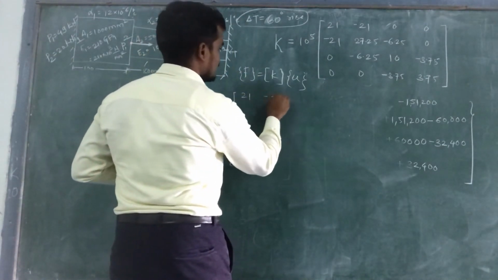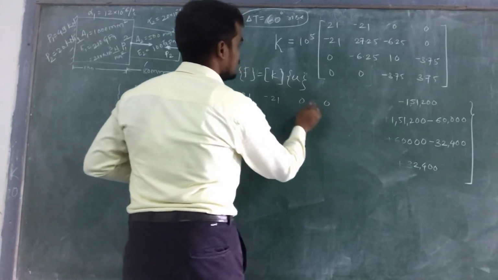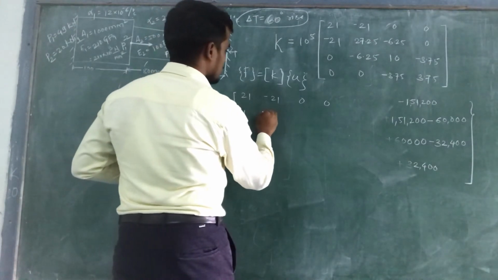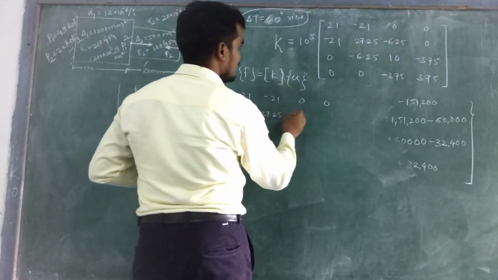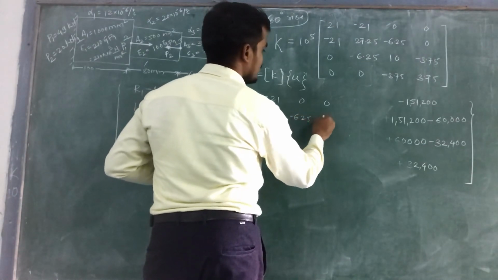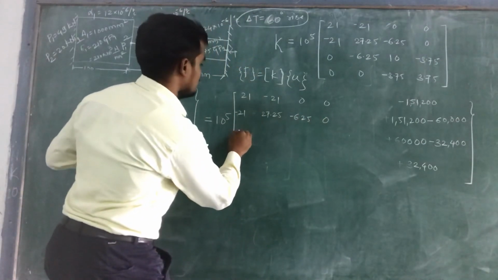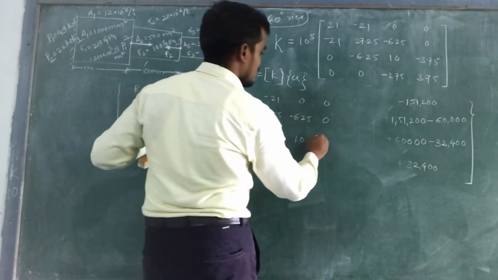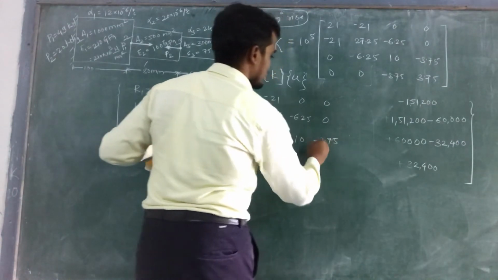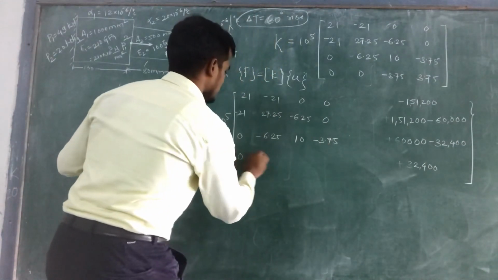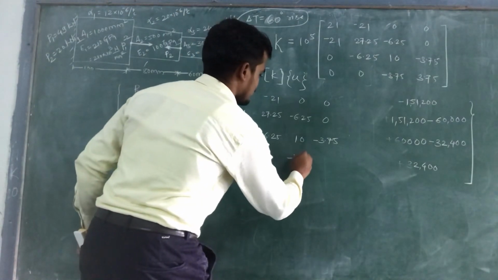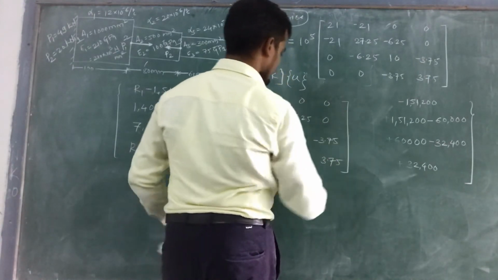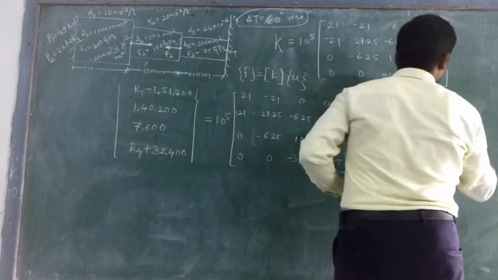21, minus 21, 0, 0; minus 21, 27.25, minus 6.25, 0; third row, 0, minus 6.25, 10, minus 3.75; 0, 0, minus 3.75 and 3.75, into the displacement vector.